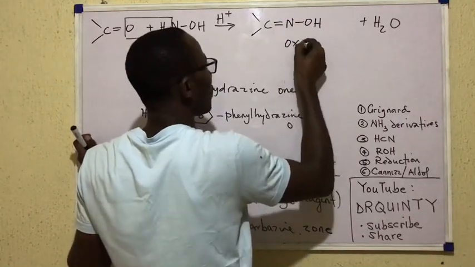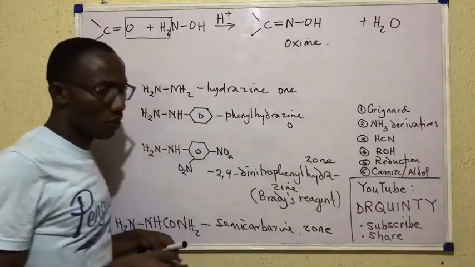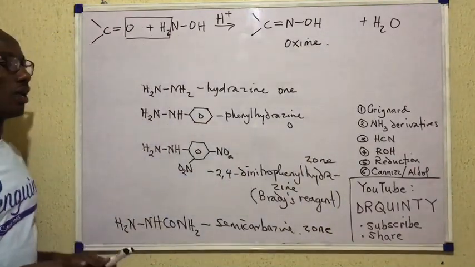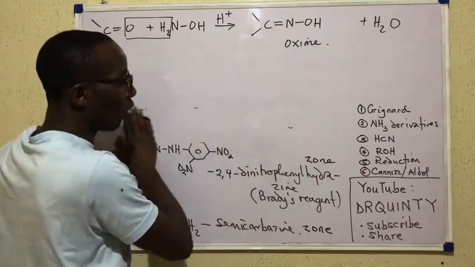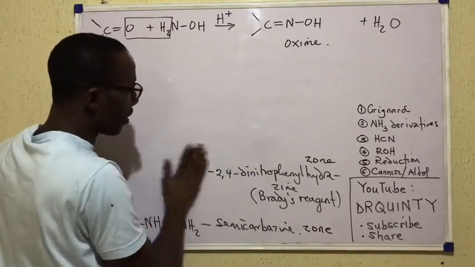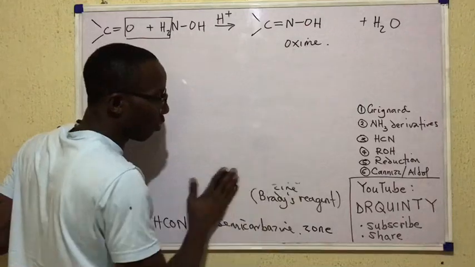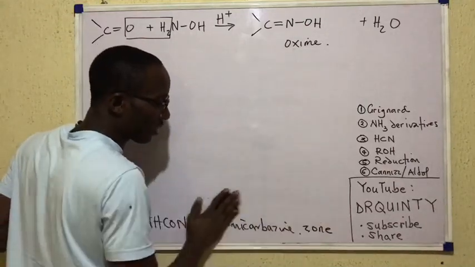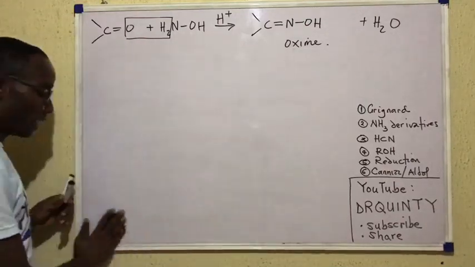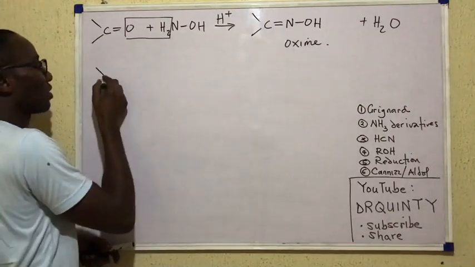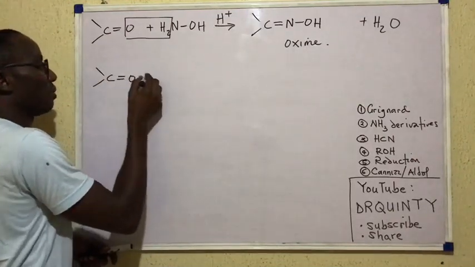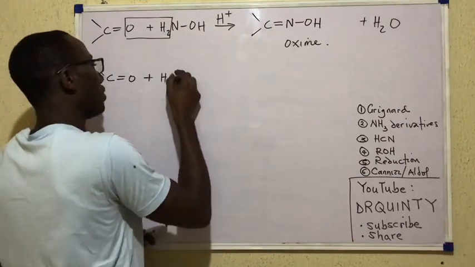That compound is called an oxime. So when we start with an alkanal or alkanone, we get the alkanal oxime or the ketone oxime. So oximes are formed when carbonyls react with hydroxylamine.